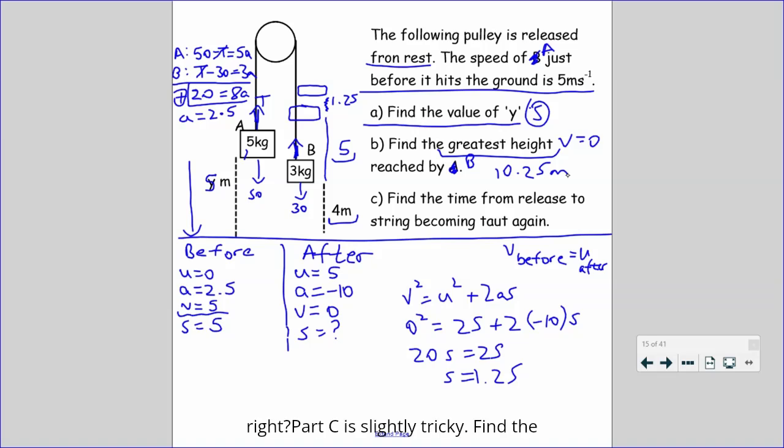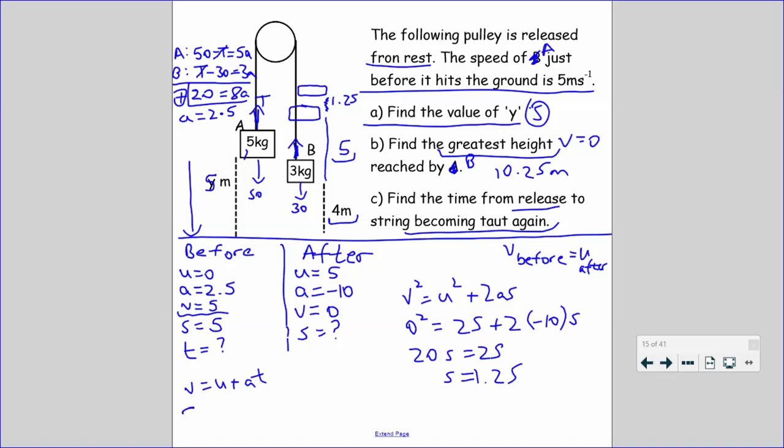Right, part C is slightly tricky. Find the time from release to string becoming taut again. Okay, now first what we'll do is we'll find the time till A hits the ground. So that will be the before model. Right, so I'm going to use V equals U plus AT.